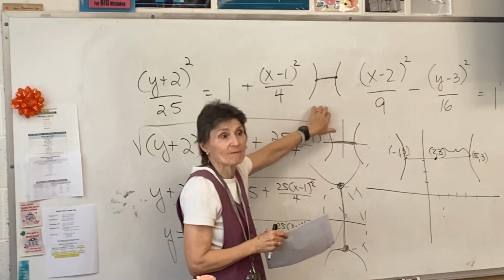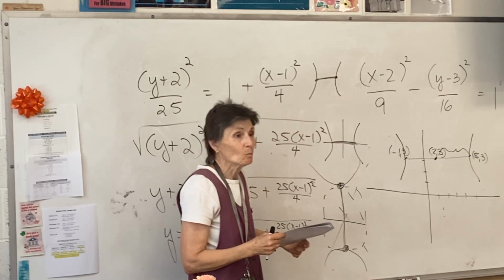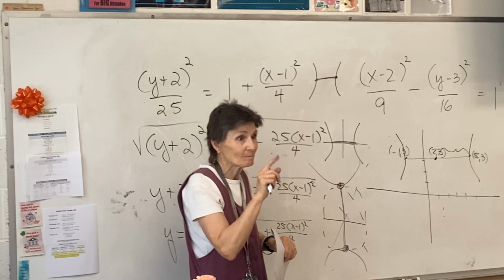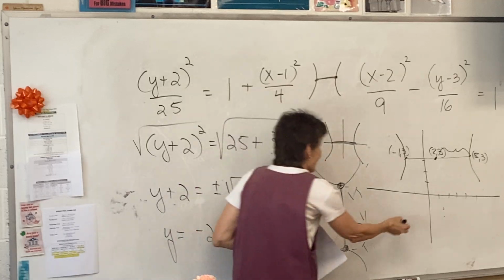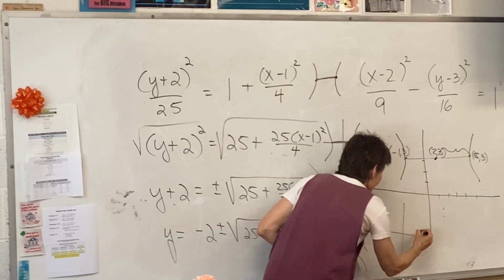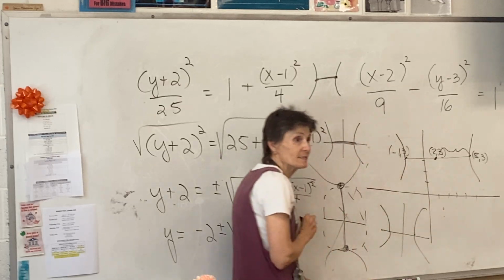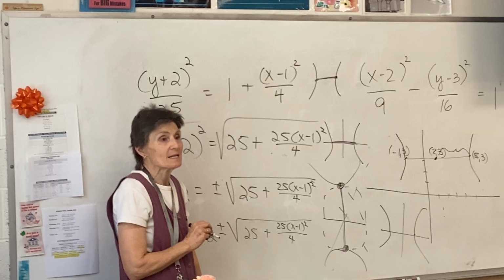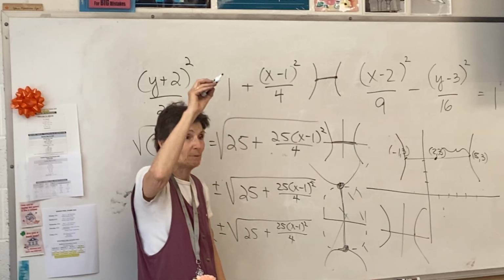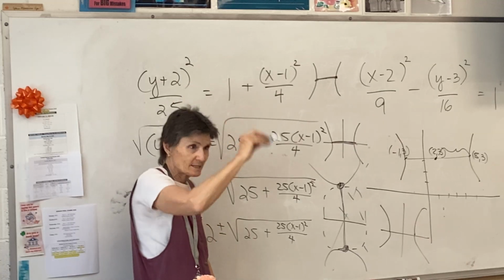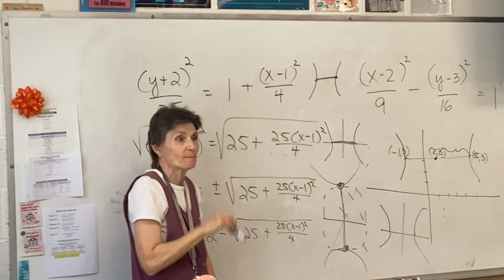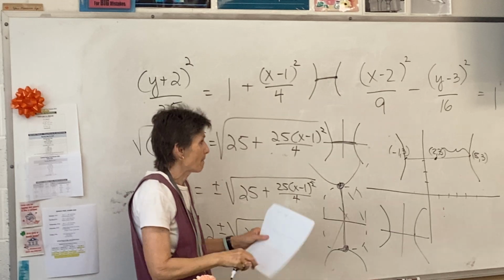If I did implicit functions for this one, it will graph the positive, when you get your implicit functions, the positive will graph this, and the negative will graph this. So you won't see the entire curve like you do if it's vertical. You'll see the top half of each side, and then you'll see the bottom half. Okay, thank you.